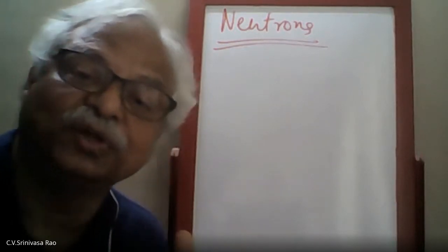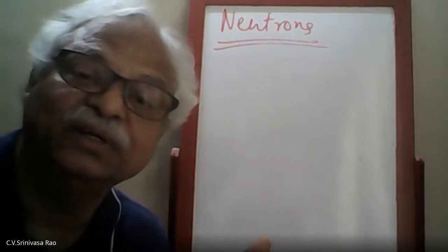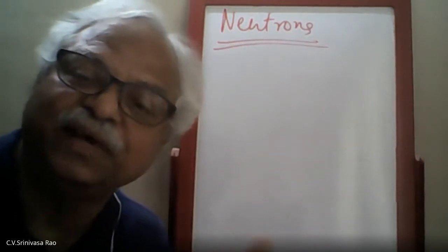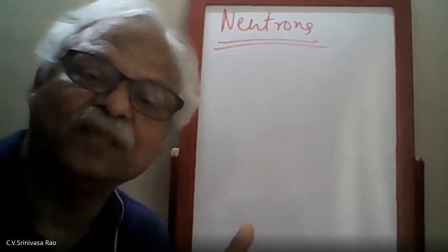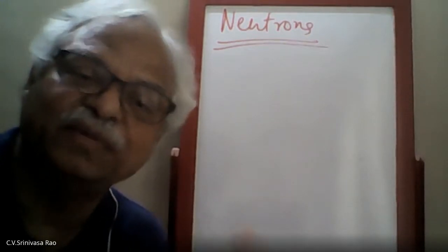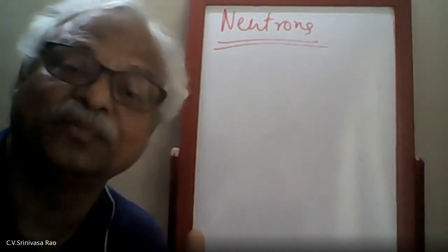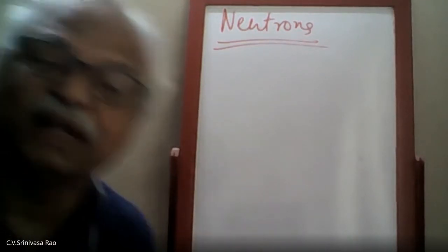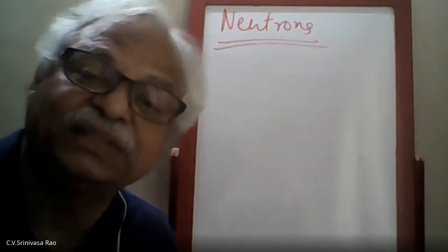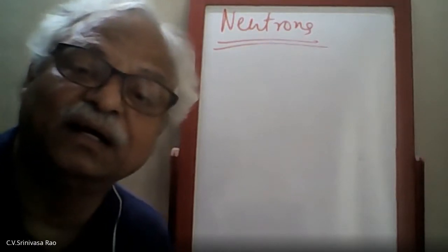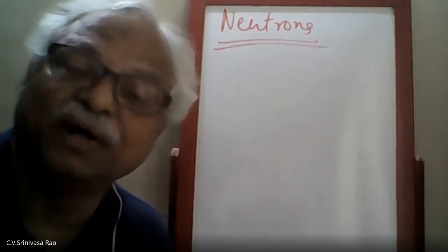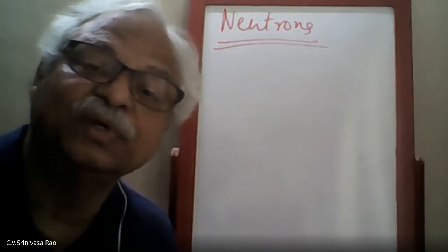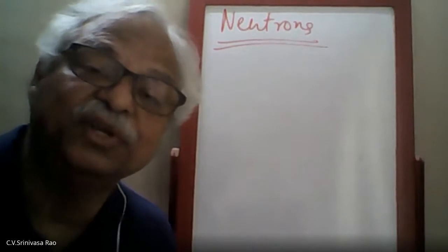Whereas a neutron, because it has no charge, has no Coulomb barrier; it just enters any nuclei and converts a stable nuclei into a radioactive nuclei, which means it makes it unstable. Then it starts emitting various nuclear radiations like gamma rays, beta rays, alpha particles. So that is the advantage of using neutrons.